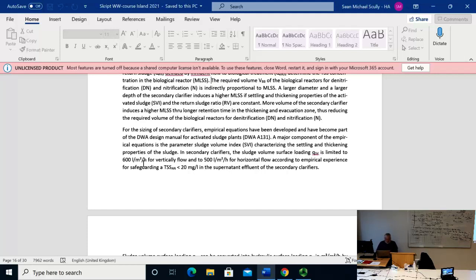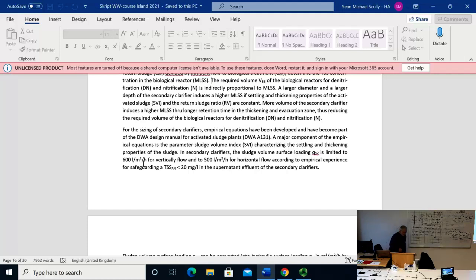Now if 500 is allowed in a horizontal system, and we divide the 500 by 5.5, we can connect 91 persons to 1 square meter of a secondary clarifier.